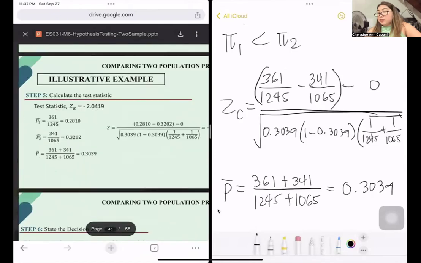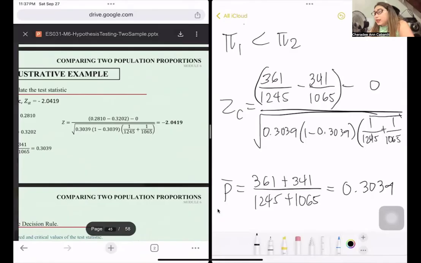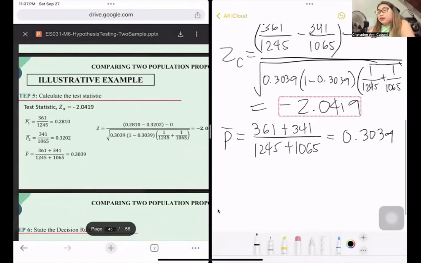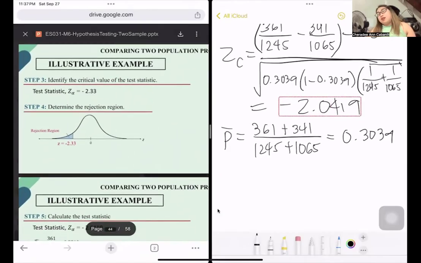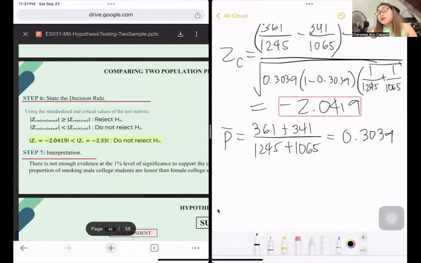So therefore, the answer is negative 2.0419. Now, is it greater than 2.33? No. So we do not reject H0. That means there is not enough evidence at the 1% level that female students smoke more than male students, or that males smoke less than females. That's good news.